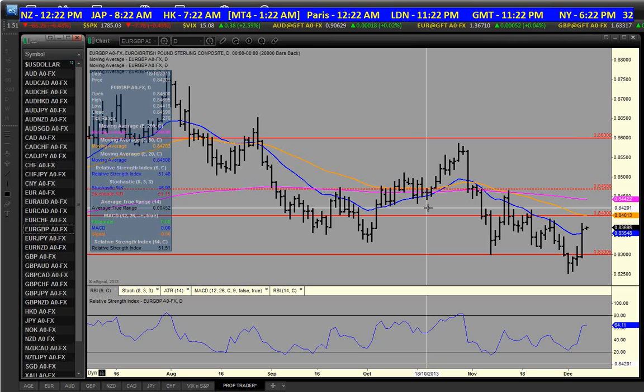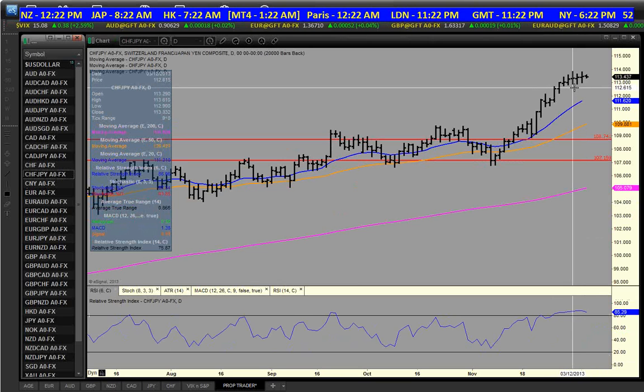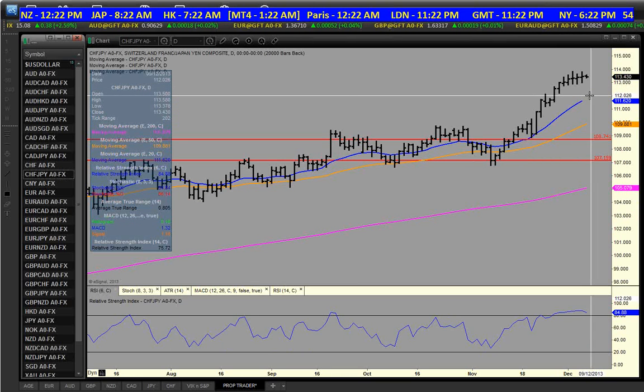Euro Swiss. So glad I got taken out by 1.7 pips. Swiss yen, long since the 12th of November and well in profit. Not sure where my stop should be. I do not want to get too close in case it continues long. Currently 112.10. Well, it looks like there's a little swing low there.